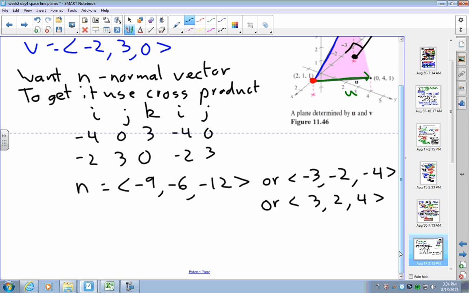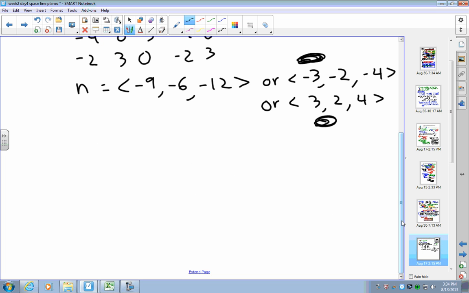Any one of those three is the exact same normal vector. Okay? Now the only difference between the top one here with the negatives, this guy here, and this guy down here, is one has the pen pointing up and one has the pen pointing down. But again, if you still have the pen pointing directly out of the book, it doesn't matter if it points up or down, it still gives you the orientation of the plane. So let's just use the smallest one, that 3, 2, 4.